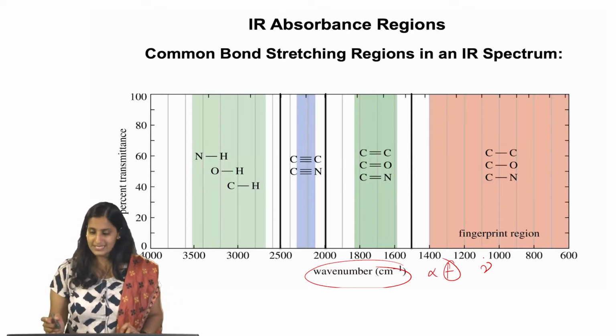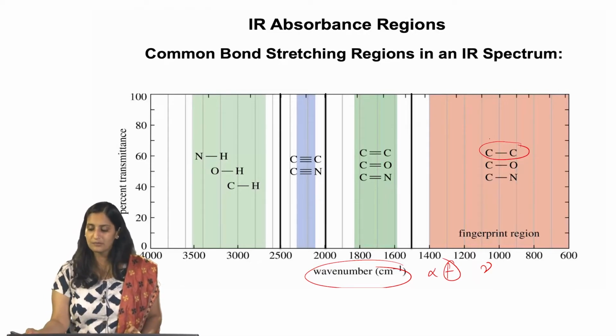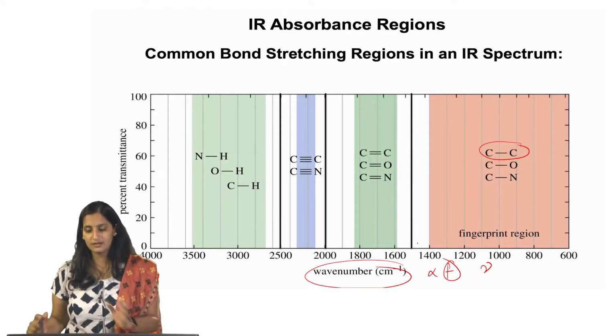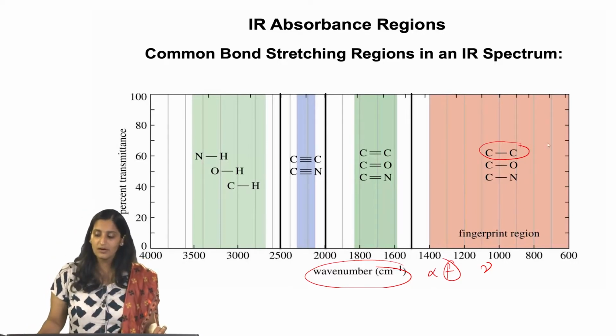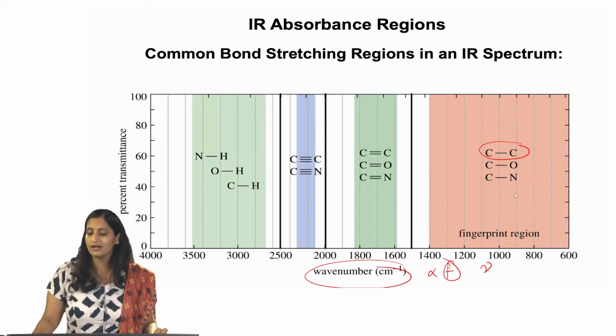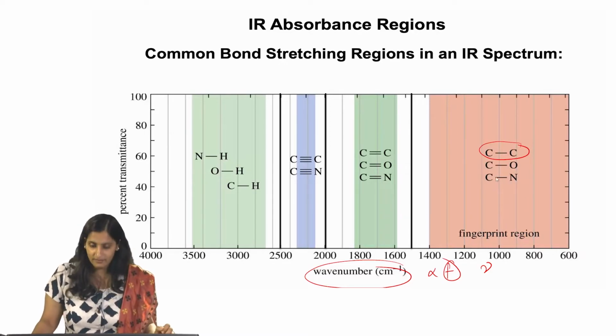So, you can see that carbon-carbon single bond, as we talked about, can happen between 600 to around 1500 or 1400 region. You will see carbon-carbon single bond, carbon-oxygen single bond, carbon-nitrogen single bond, right? Because these are single bonds, they are going to vibrate with a lower frequency.